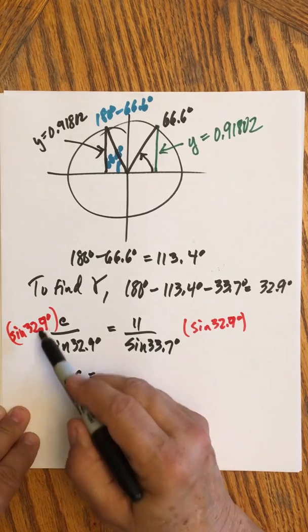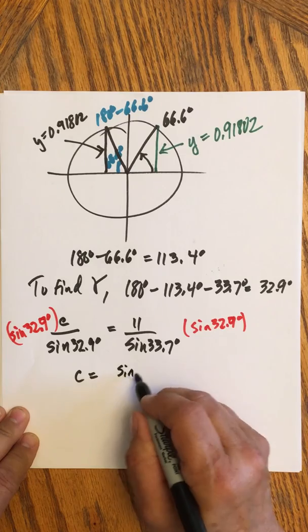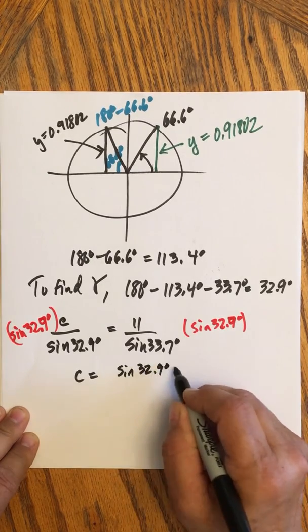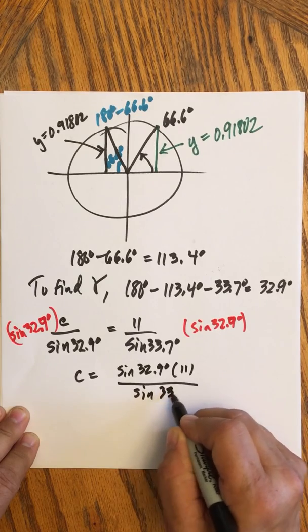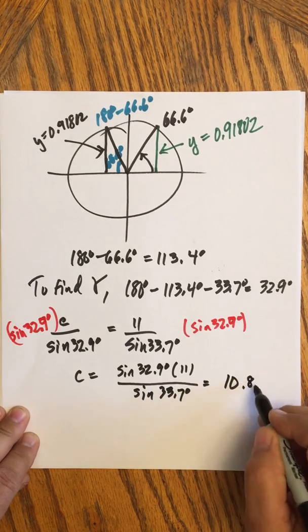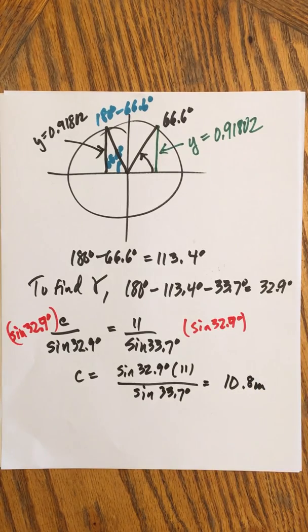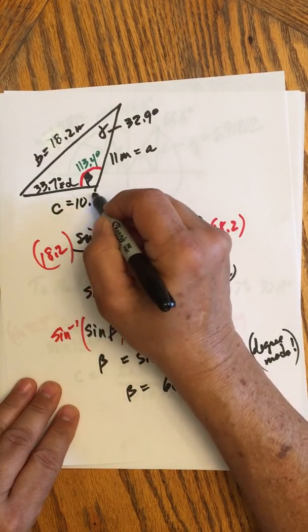Okay, and so of course these cancel out, and you're left with C equals sine 32.9 degrees times 11 over sine 33.7 degrees. And when you put all that in there, you'll get 10.8 meters. Okay? All right, so let's go ahead and just label that. It's going to be 10.8.